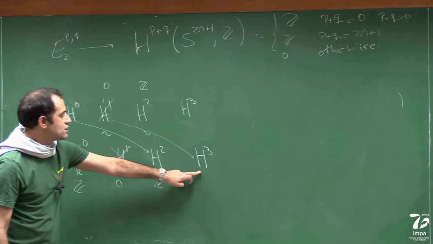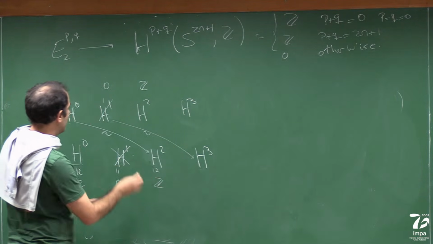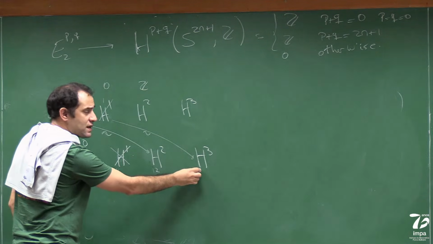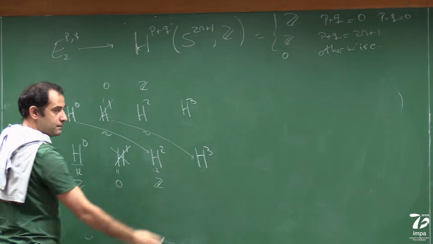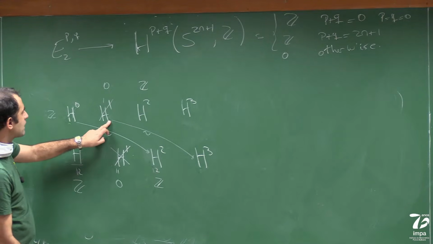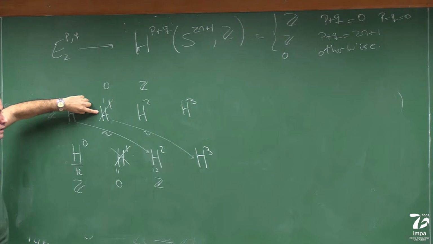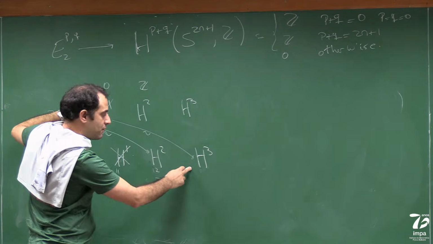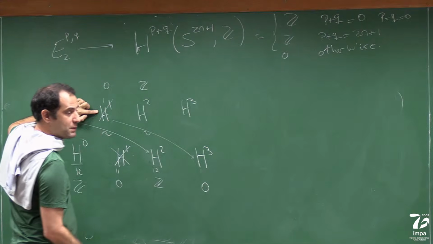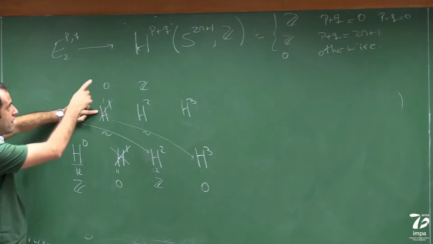And now I look at this H3 here. Well, this H3 will survive homology completely. There's nothing that could kill it. So the only thing that could kill it would be this H1. So therefore, this guy here has to be 0, otherwise it would survive homology for S2n plus 1.